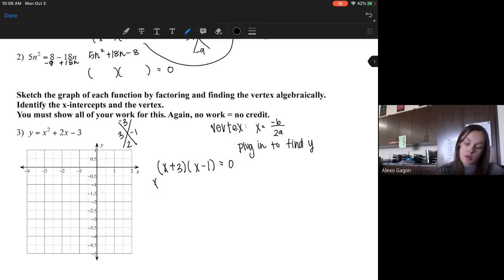I can do it individually: x plus 3 equals 0 and x minus 1 equals 0. From this one, I get x equals negative 3, and from this one, x equals positive 1. Those are my two zeros, and I could just go graph them right now: negative 3 and positive 1.